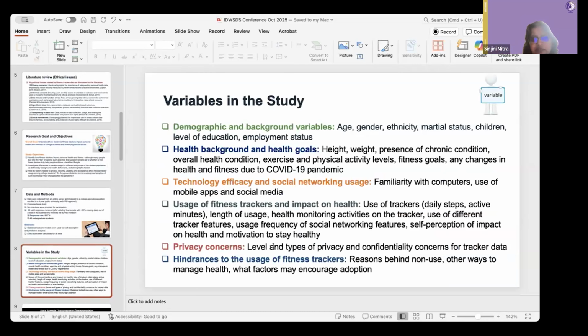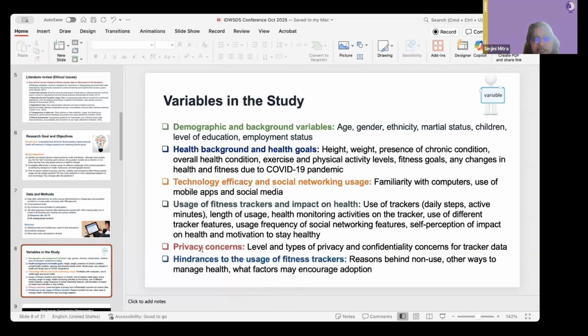Apart from the background, we then looked at students' usage patterns, what they were tracking, how they were using it, and how frequently they were using social networking features to connect with friends, where there are competitions with respect to how many steps they achieve every day. And also self-perception of impact on health and the motivation to stay healthy.